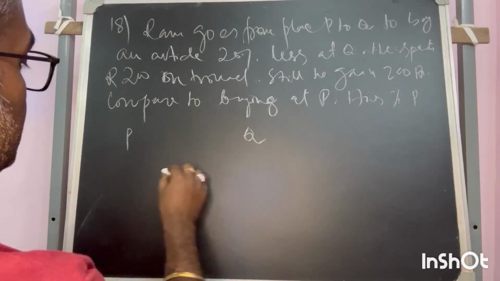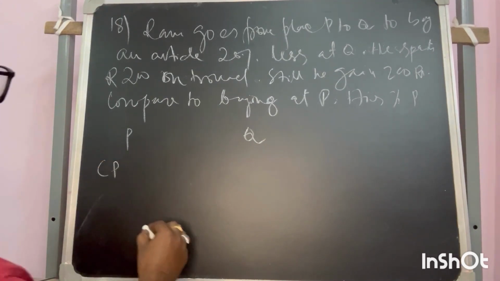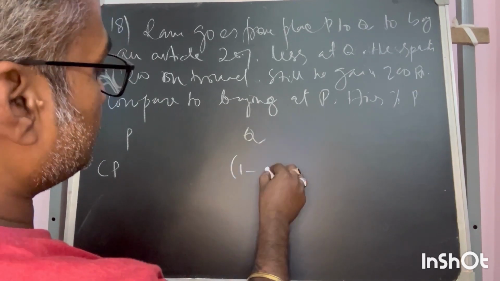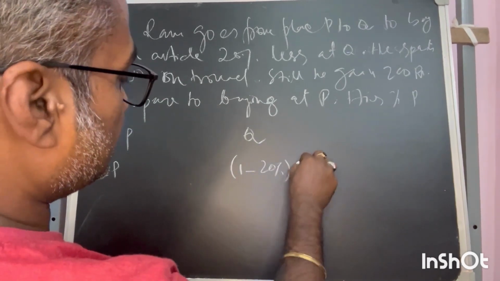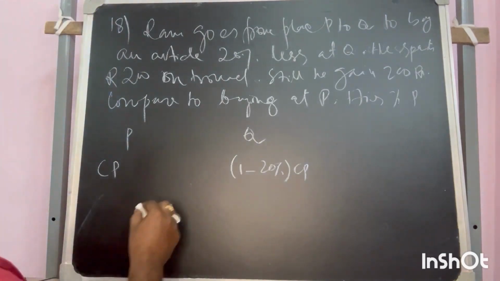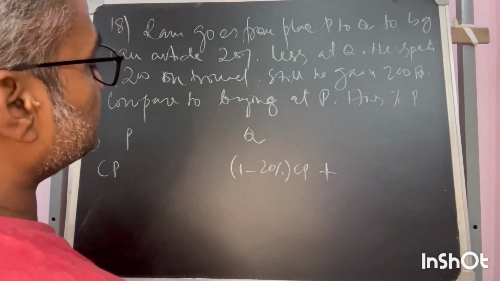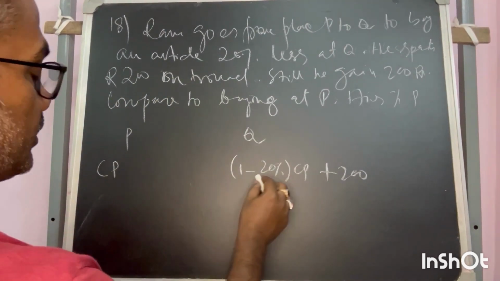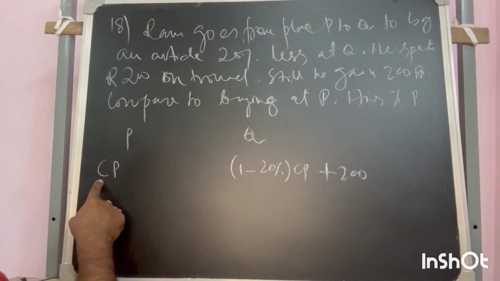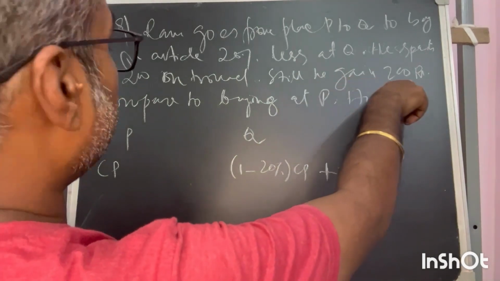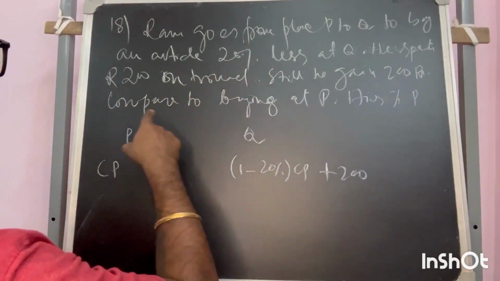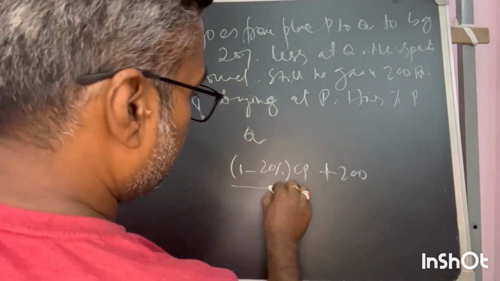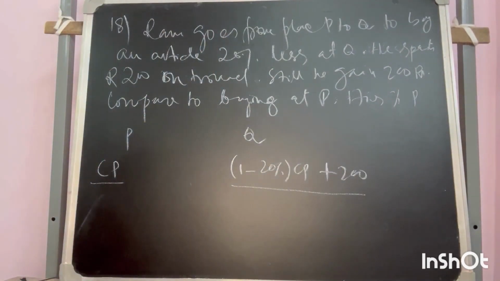So if this cost price is CP, then he is getting 1 minus 20% of CP here, but he is adding some 200 for traveling, and still he gains 200 rupees compared to buying at P. So this and this, if I differentiate, I will get a difference.